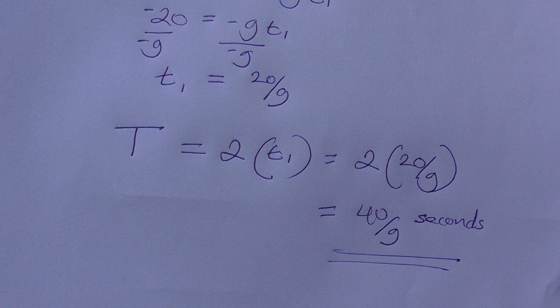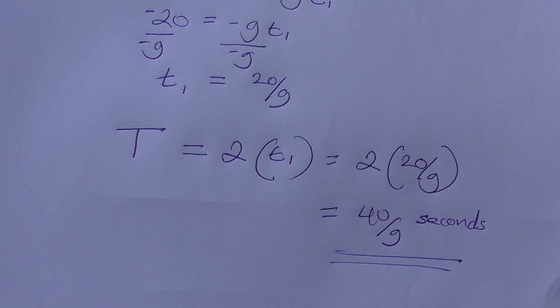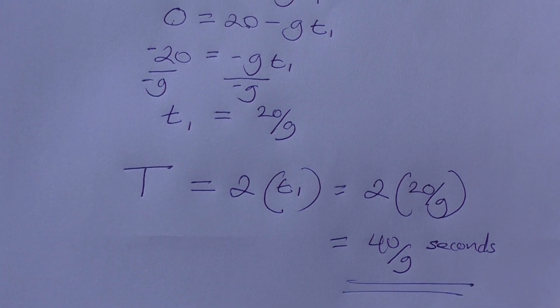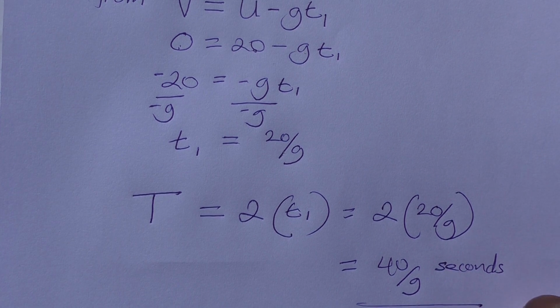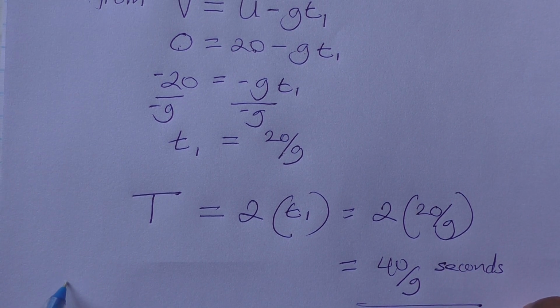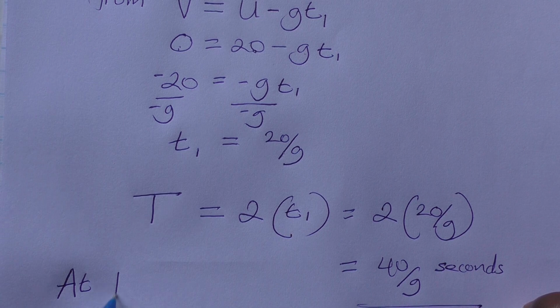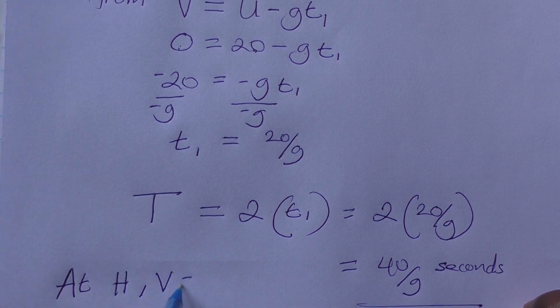The other question was asking for the maximum height reached. For maximum height, remember, at maximum height h, the final velocity is 0.